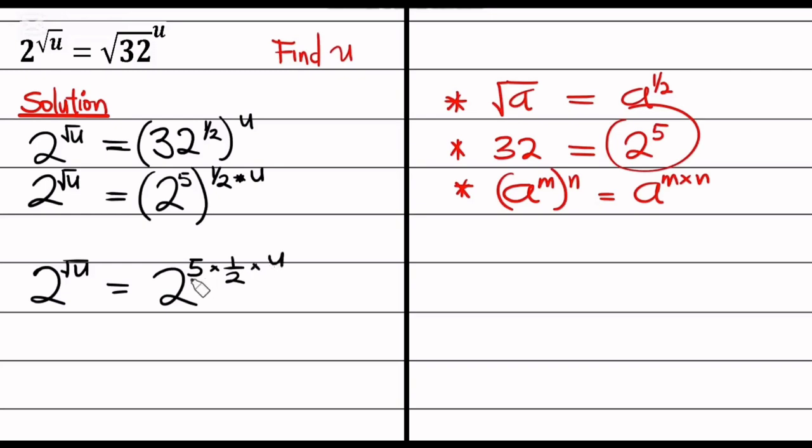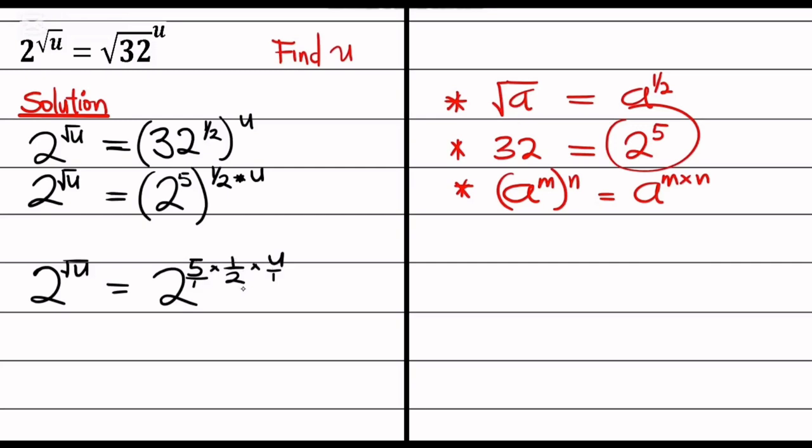At the end of the day, we multiply the numerators through, so this is a fraction. We make this appear as a fraction also, and also u over 1. This 5 multiplied by this 1 multiplied by this u is going to be 5u at the level of the numerator.